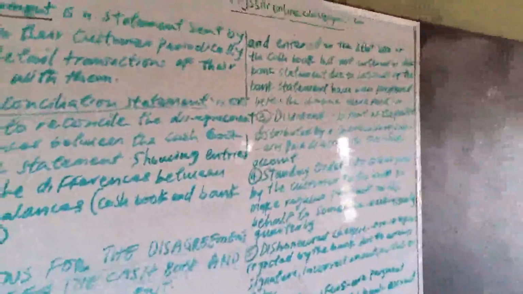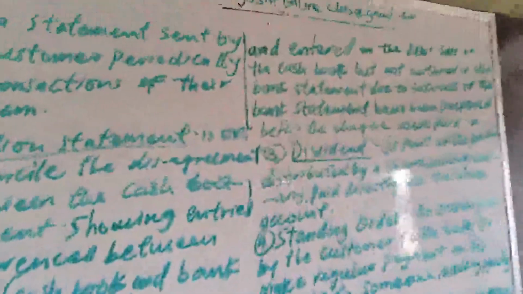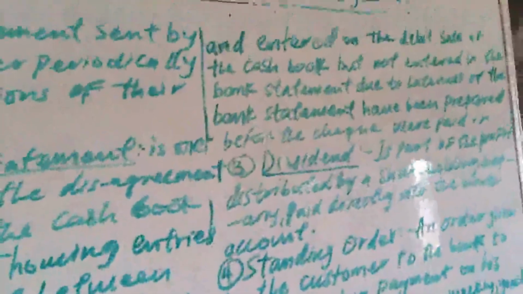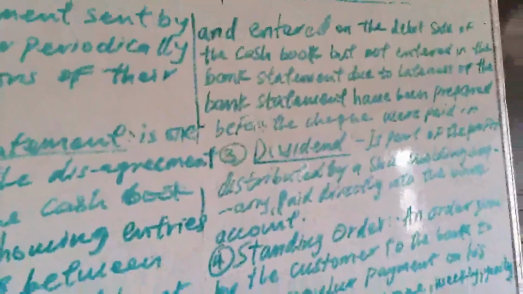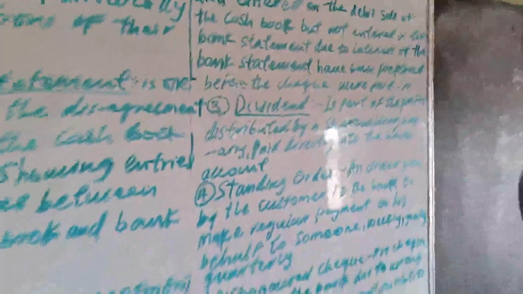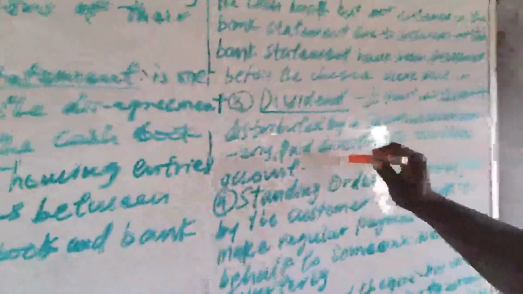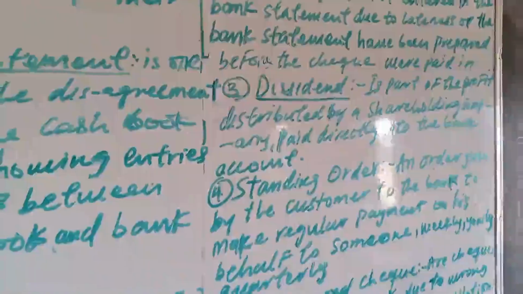Now, number 3, we have dividend. The dividend is part of the profit distributed by the shareholding company, paid directly into the bank account without the knowledge of the customer.